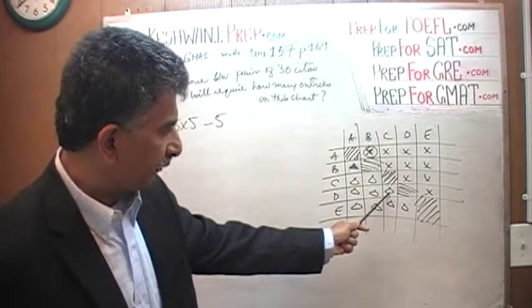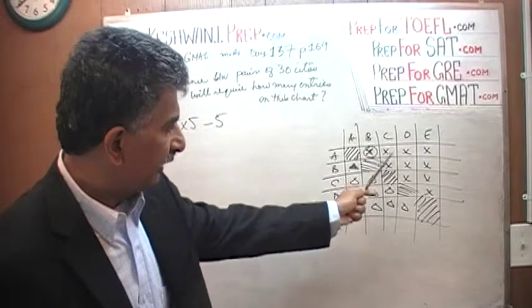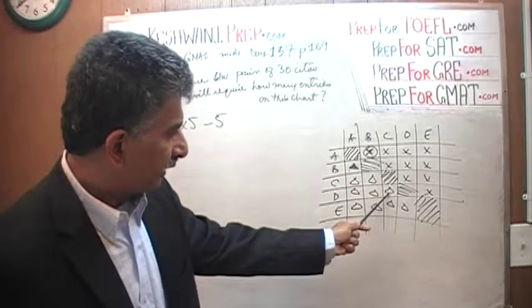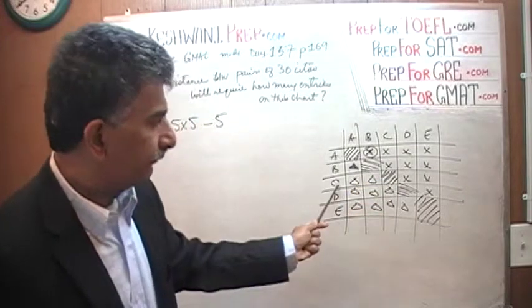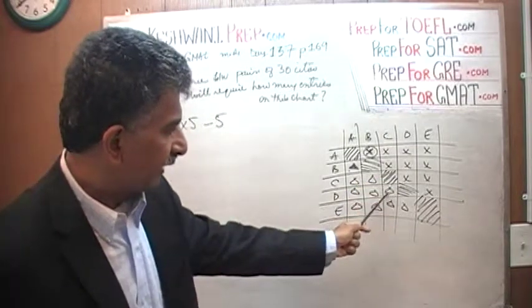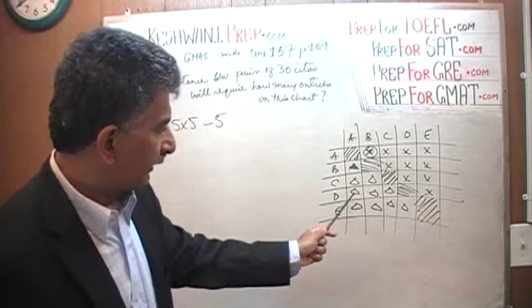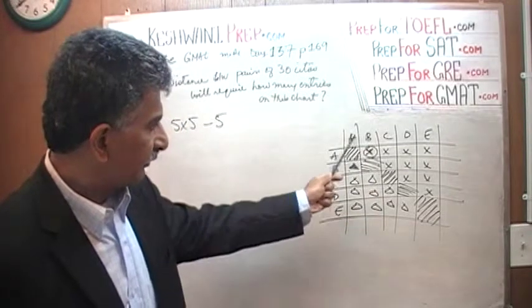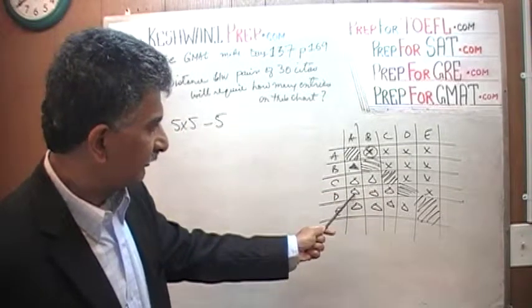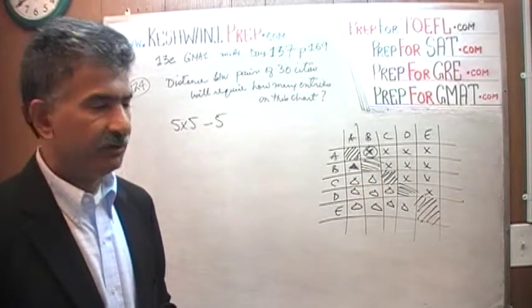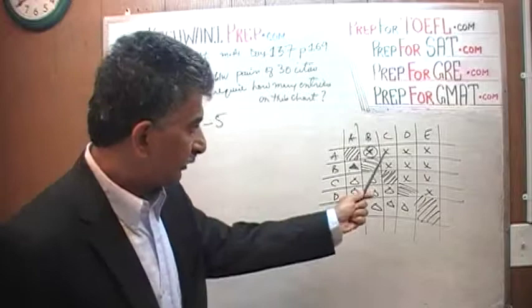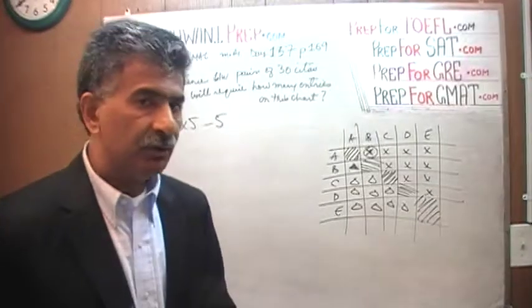For example, this one that I'm pointing at is distance from C to D. That number is going to be the same as that number, because that shows the distance from D to C. You see, this is the mirror image of this one, this is the mirror image of that one. This distance, which is distance from A to D, is the same as that one. So all mirror images, which means once we show the top half, there is no need to show the bottom half.